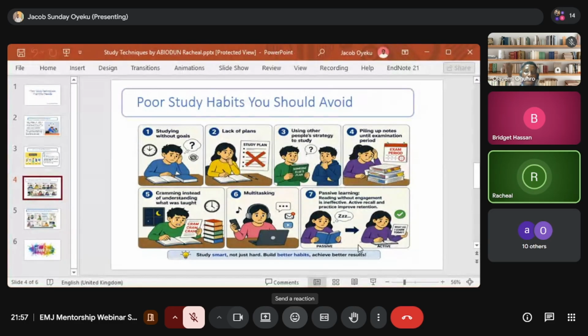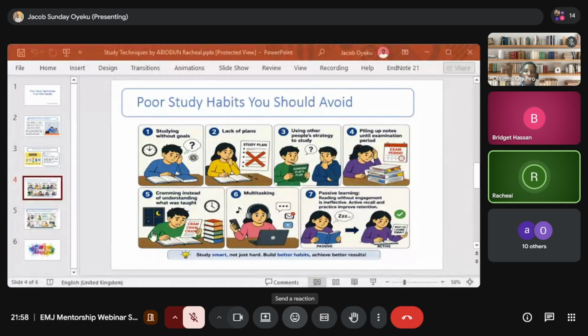And then next is using other people's strategy to study. Your friend studies at midnight, then you are now thinking, me too, let me do it because this my friend, she's a scholar, so let me just try to copy his or her method. Also piling up notes until exam period. This is a very bad study habit. Please avoid it.